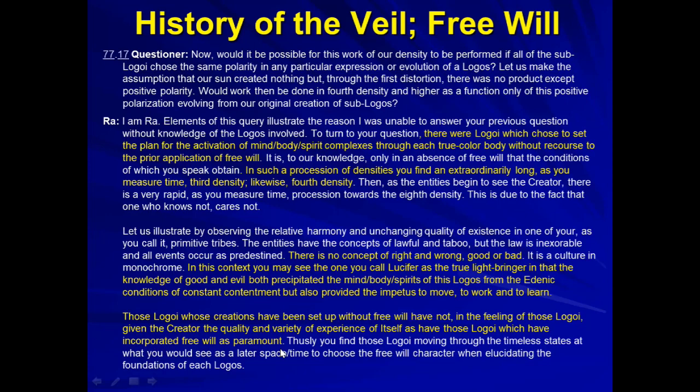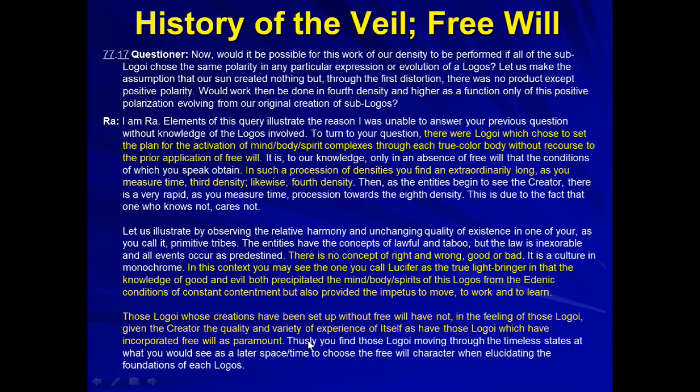Incorporation of free will is essentially a function of the veil. There's a timing of those. So he's saying that those who chose not to do that initially realized, or were looked at as, you're not giving the creator its full variety of experience of self as those that are giving free will.